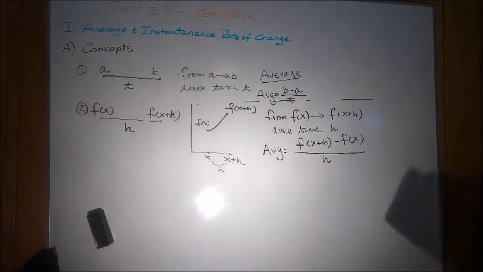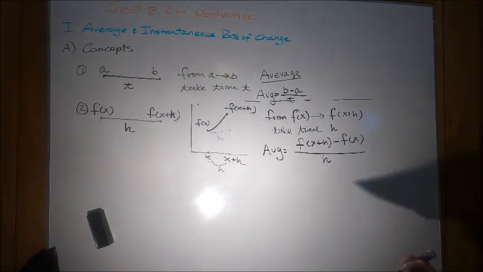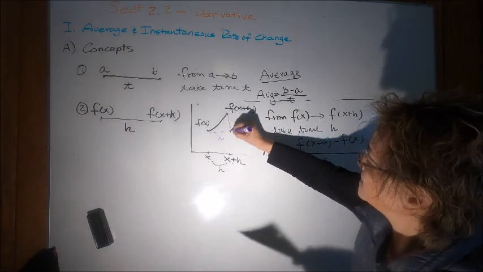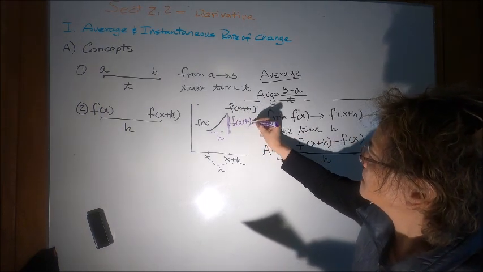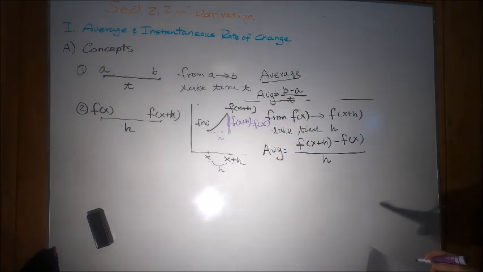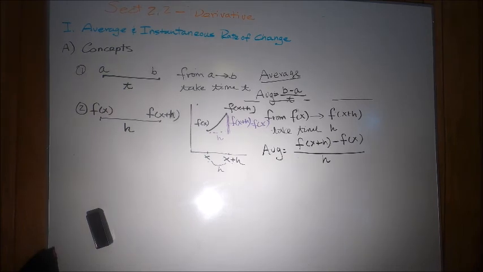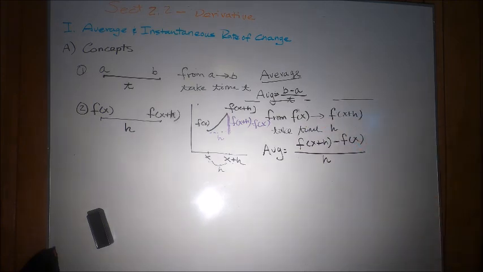So the difference in distance is f of the second point minus the starting point, from A to B. On your notes, I wrote the opposite here. You need to switch them.